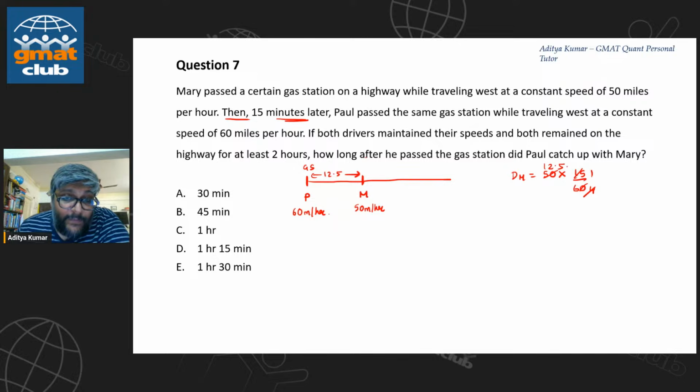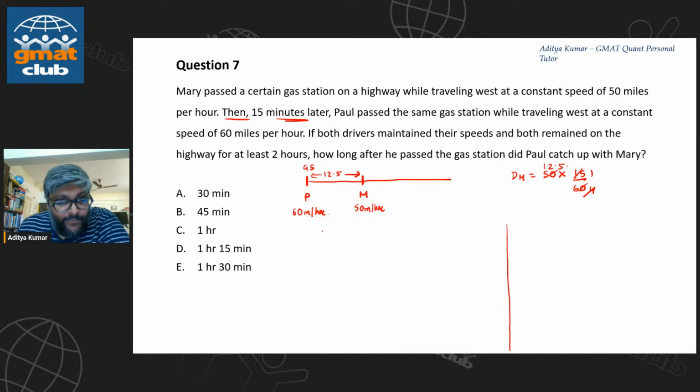If they ask me to find the time that Paul takes to catch up to Mary, I'll divide this into two parts. On one side, I will use the conventional process of algebra by setting up my table, setting up my equations and solving. And on the other, I will work with relative speed.